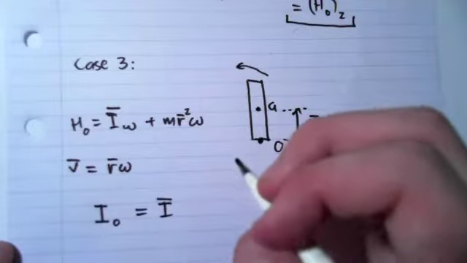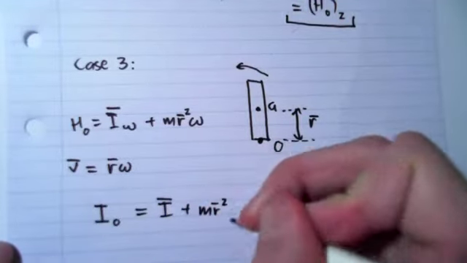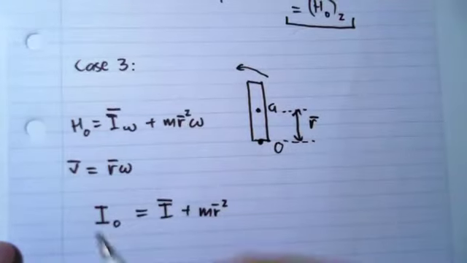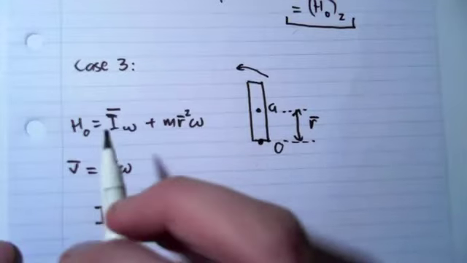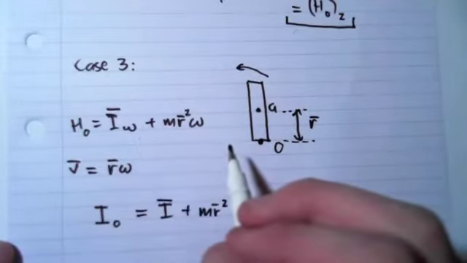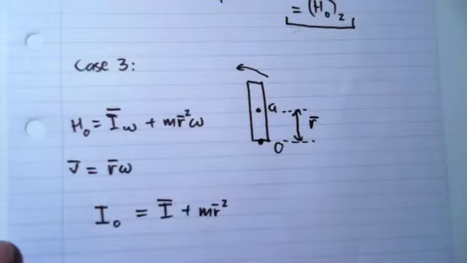We just add our m r bar squared here, because omega is a common term in both components of angular momentum about the point. So I bar plus m r squared both have omega as a factor.